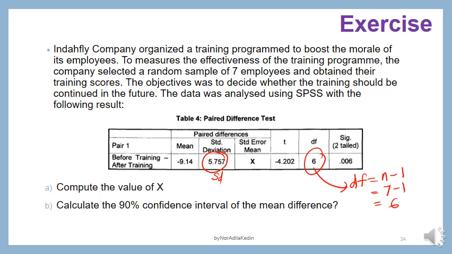Compute the value of x. Apa x? X itu adalah standard error. Standard error dia apa? SD bahagi punca kuasa n. Standard deviation awak berapa? 5.757 bahagi punca kuasa 7. You dapat your x. Right? So cuba buat. Kalau tak faham nanti boleh tanya.